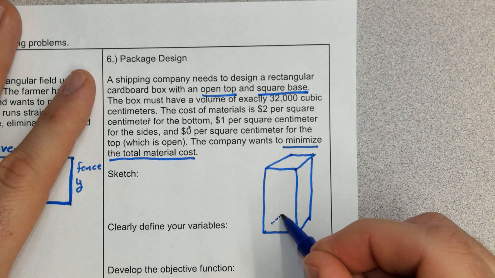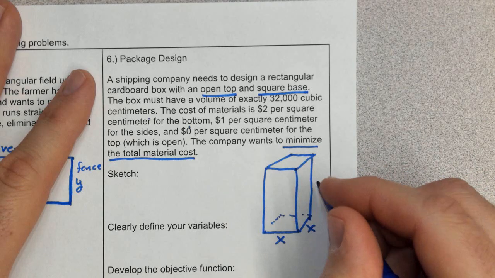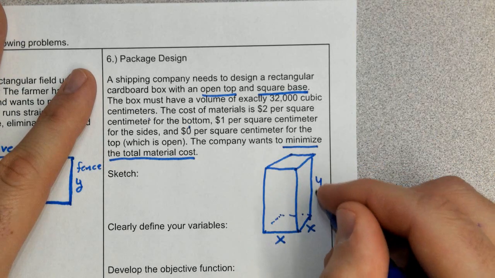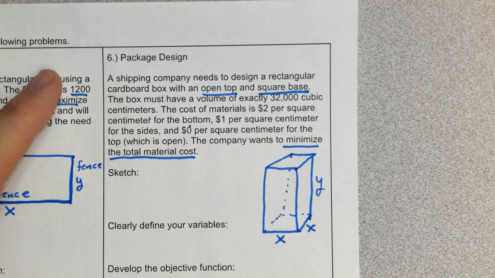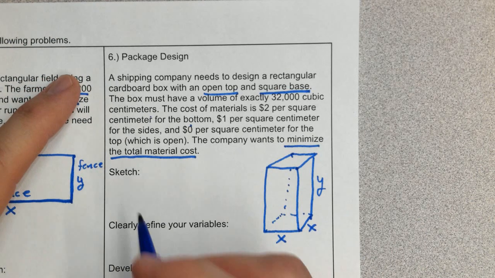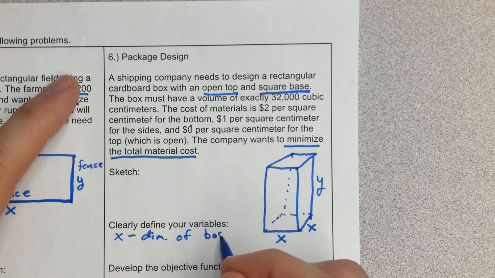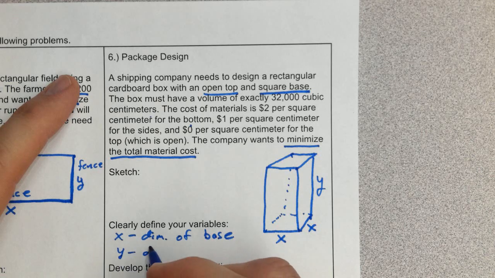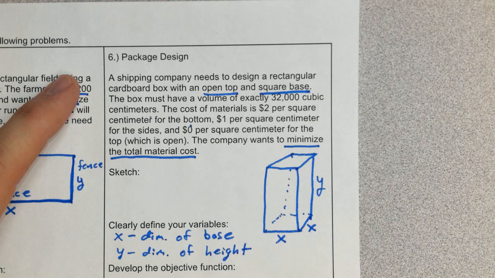Okay, so let's say that this bottom is a square, so maybe we call this x and x, and we call this y. Okay? All right, so there's our sketch. Clearly define our variables. We've got x is the dimension of the base. y is the dimension of the height. I could have just written height, I guess, here.